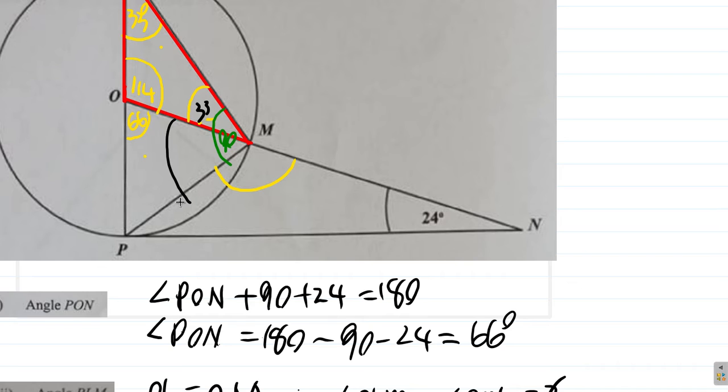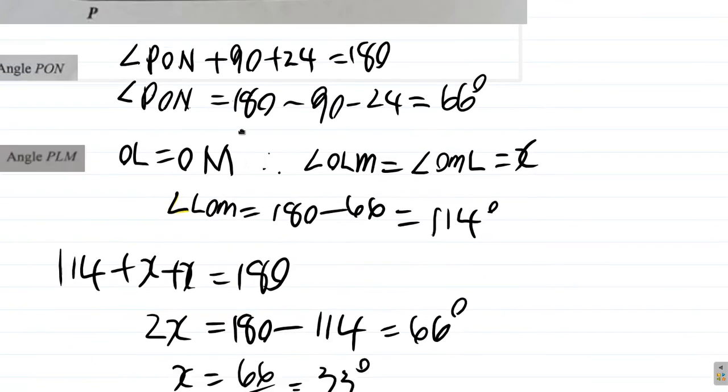What would angle OMP be? Well, if from here to here is 90, and from here to here is 33, then from here to here it must be 90 minus 33. So angle OMP is 90 minus 33.